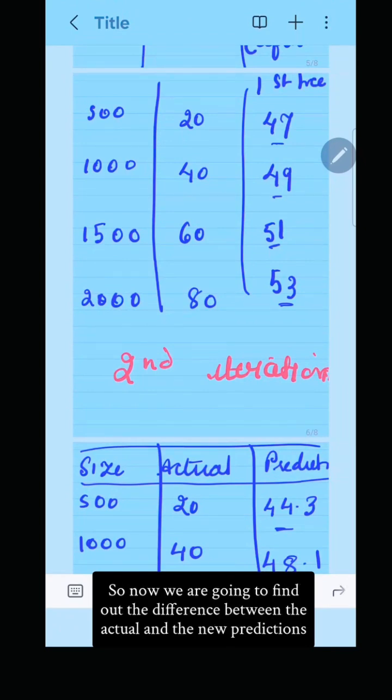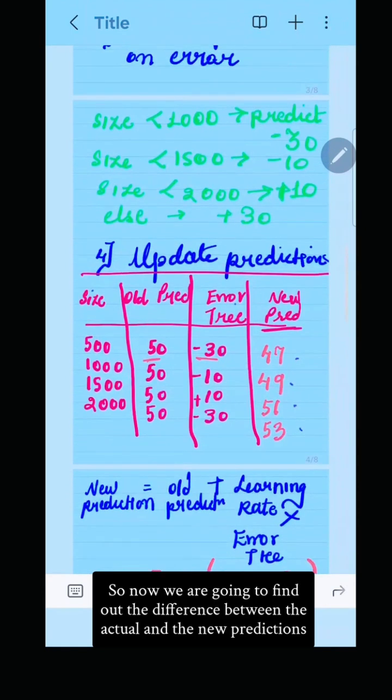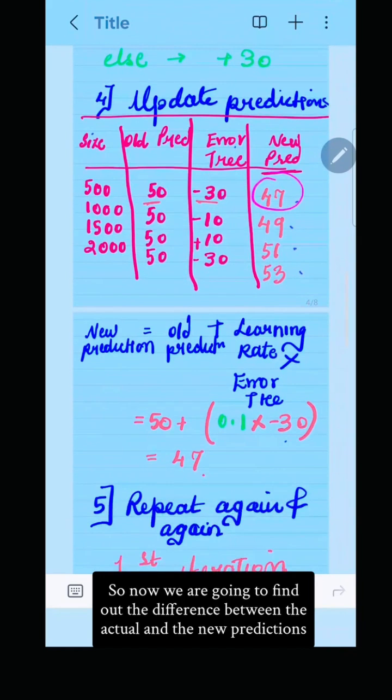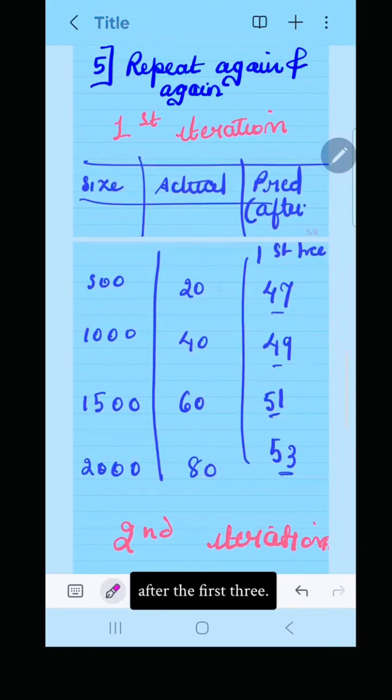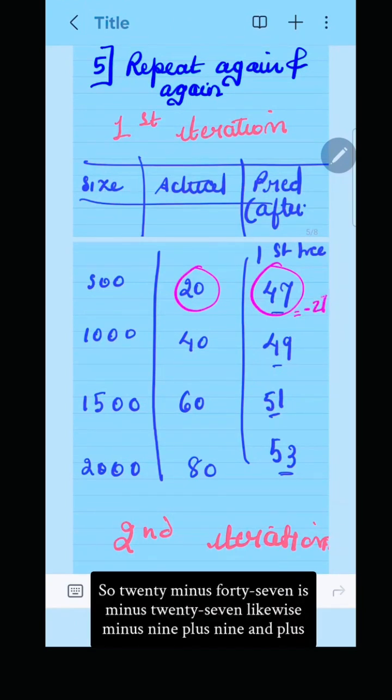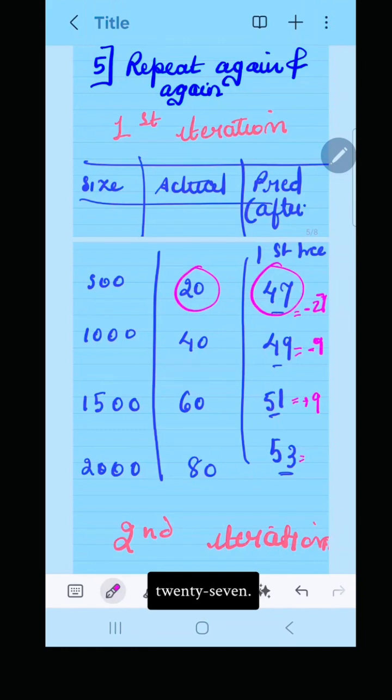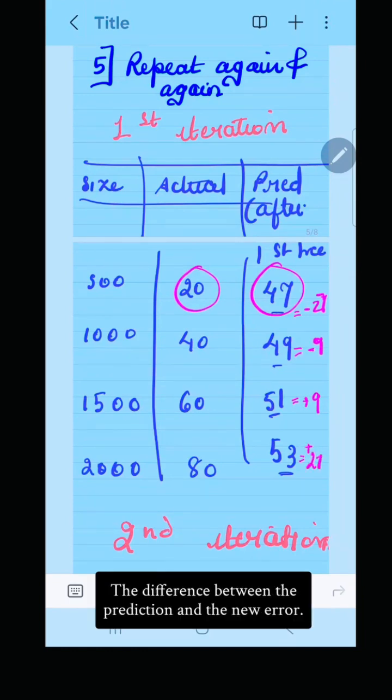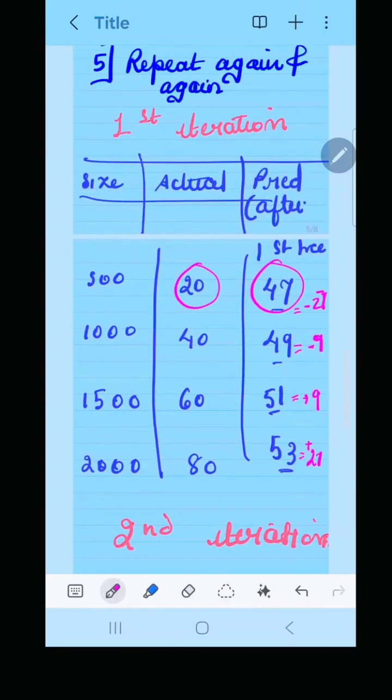Now we are going to find the difference between the actual and the new predictions after the first tree. So 20 minus 47 is minus 27, likewise minus 9, plus 9 and plus 27, the difference between the actual and the prediction, which is the new error.